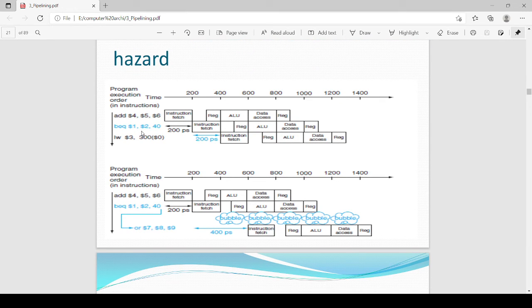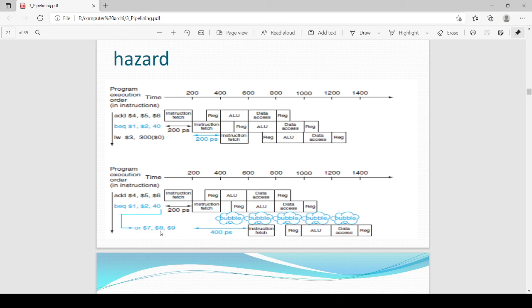To check whether the contents of these two registers are equal, it will take some time. In the meanwhile, the next instruction is fetched and decoded. But while verifying, the two contents are the same, so you have to shift the control to the 40th location. The instruction in the 40th location is OR S7, S8, S9.